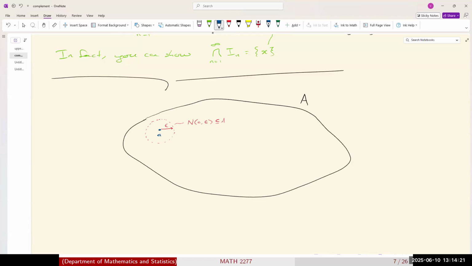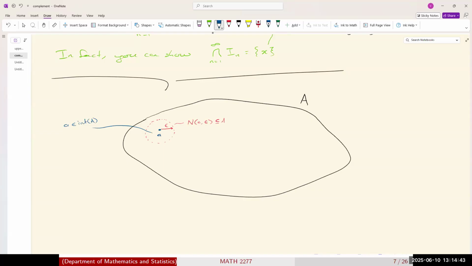That is what it meant for A to belong to the interior. Interior point means you need to find just one neighborhood around that point inside the set.